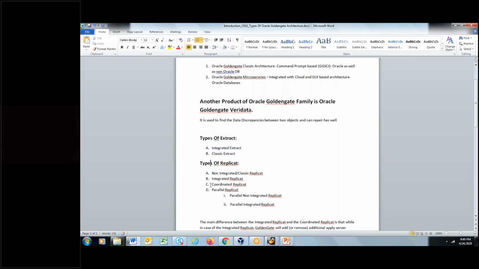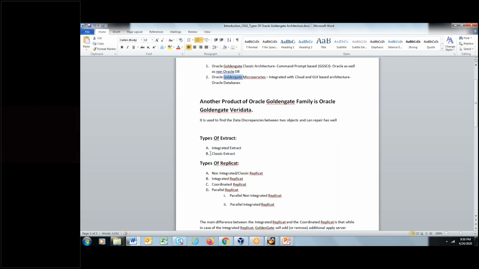These types of extract, integrated extract and classic extract, reside inside classic architecture. Integrated replicate, classic replicate, coordinated replicate and parallel replicate reside inside classic architecture. Similarly, integrated extract and classic replicate reside in microservices as well.